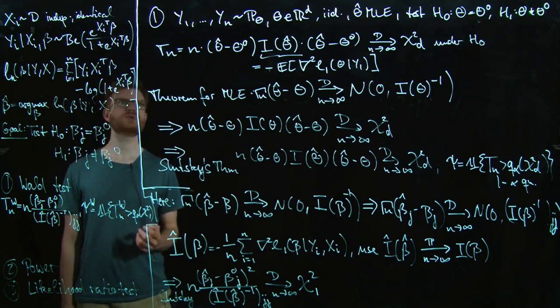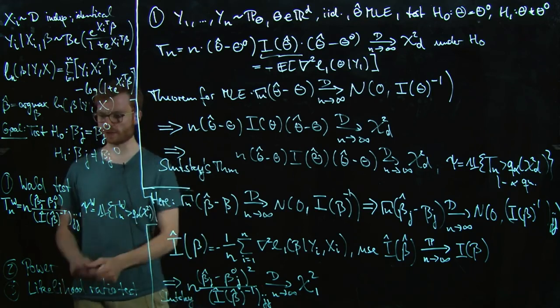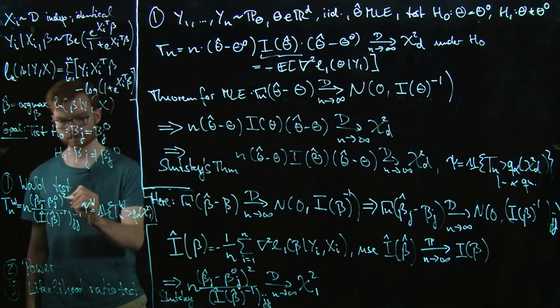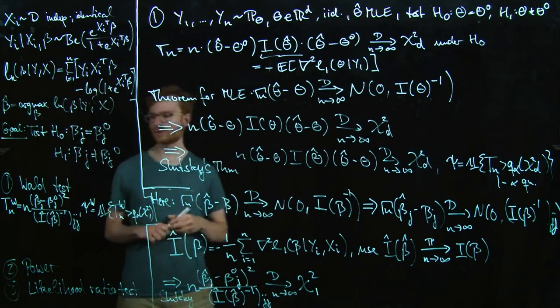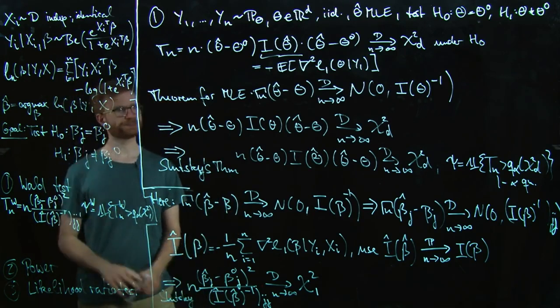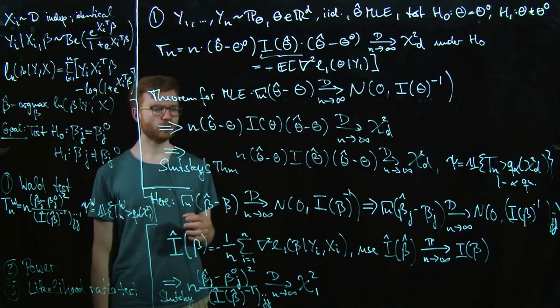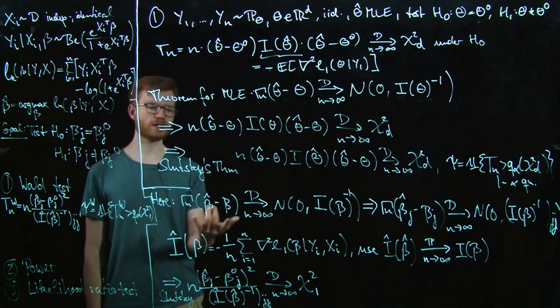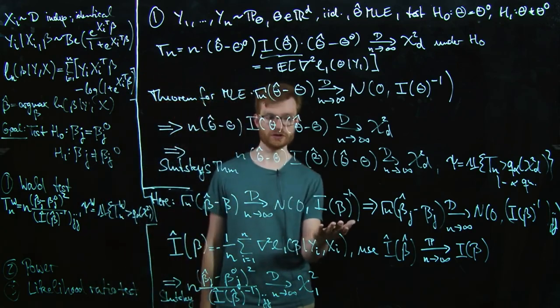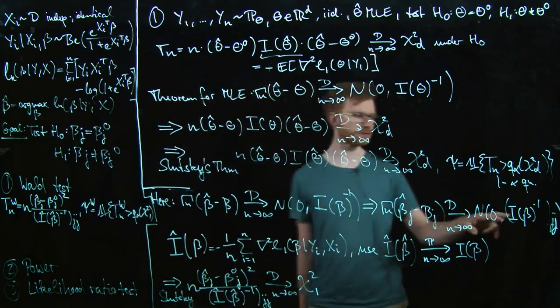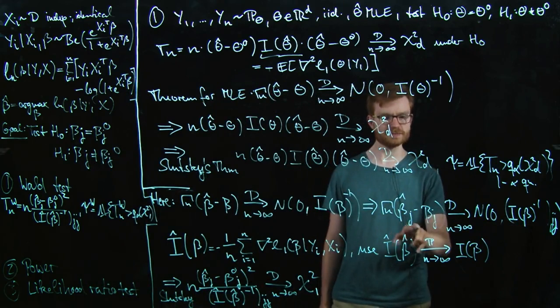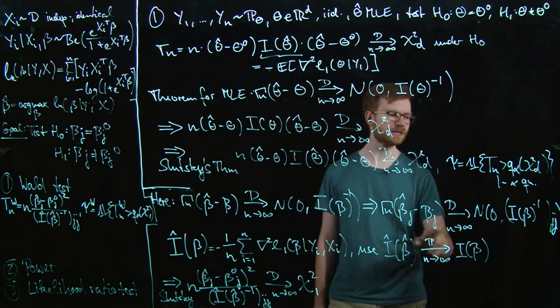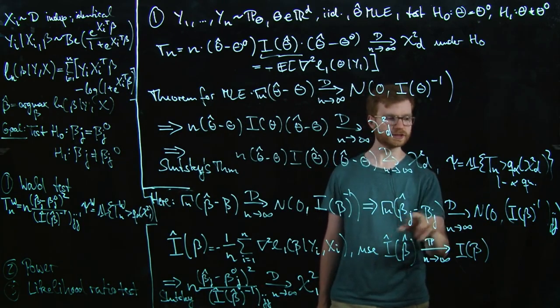Oh, I forgot to square it here. Just to repeat what I did: we are essentially just using the theorem for the MLE, and we know that our MLE will be asymptotically normal. Then I just extract what this being asymptotically normal means for the jth coordinate.